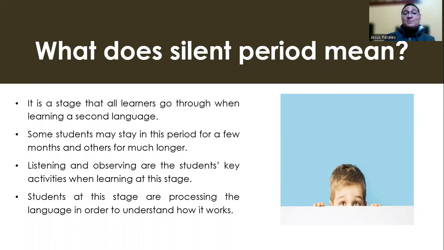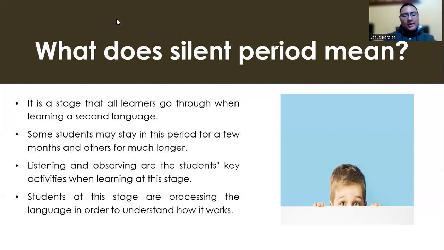However, they spend that time getting to know what's going on around them, observing how the interaction works, and listening to English, in this case, because most of us work as English teachers, so they can have an idea of how the language, the interactions, and how the class is moving on.